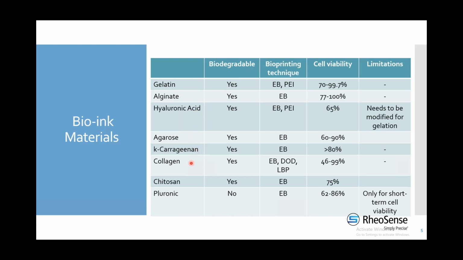The bioink materials should be biocompatible, biodegradable, and they shouldn't have any toxic effect. They also should be bioprintable and enable rapid cell growth and proliferation. EB in this table stands for extrusion-based bioprinting, and as seen, all of these materials are compatible with extrusion-based bioprinting.